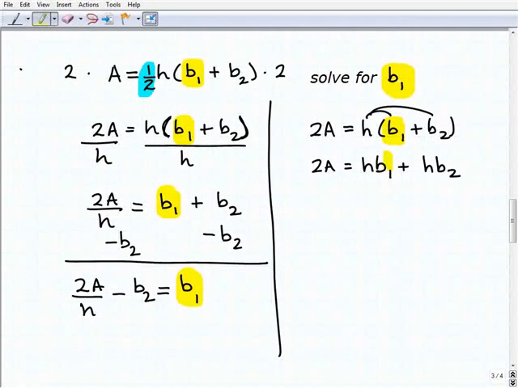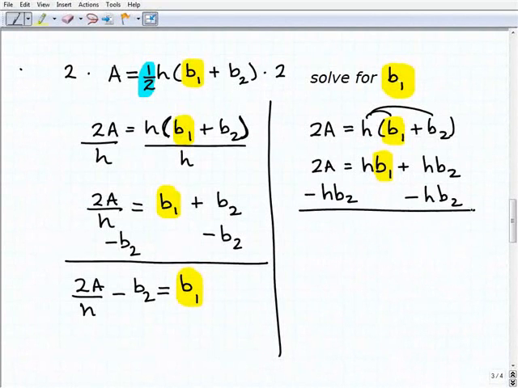I'm just keeping my eye on the b1 because that's what I'm solving for. So now I'm going to treat this as a basic two-step equation. I'm going to subtract h times b2 from both sides of the equation, and that gives me 2a minus h times b2 equals h times b1.